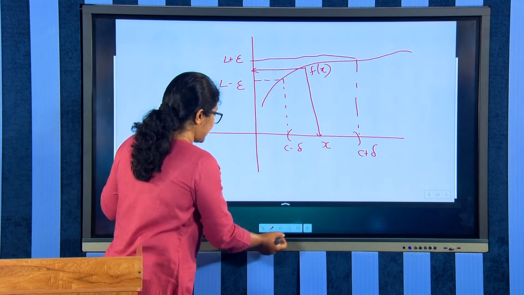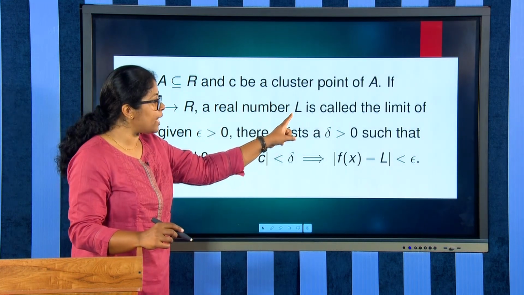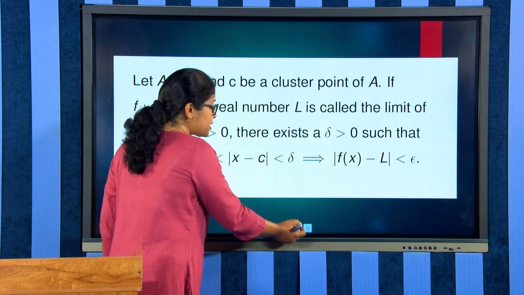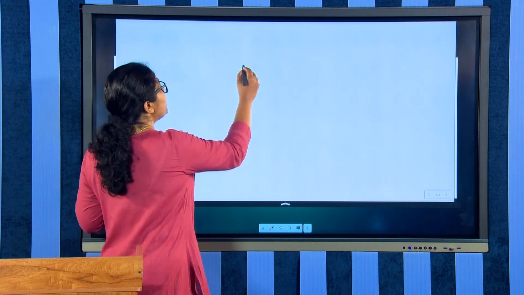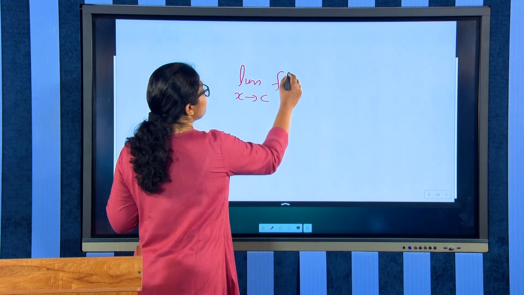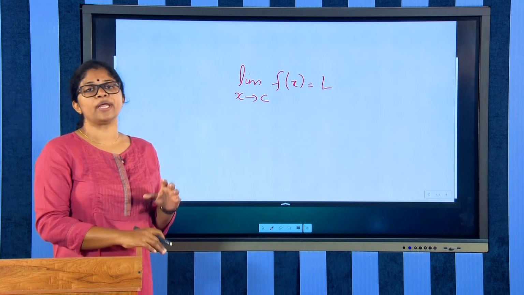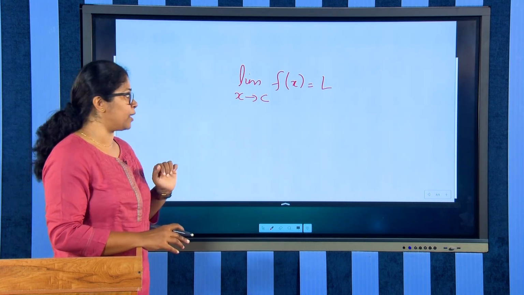Then we will say that this function f has limit L as x approaches c. We can express this entire discussion as limit x approaching c of f of x is equal to L. This is the notation used for representing whatever we have discussed so far.